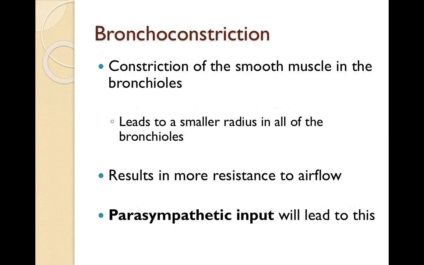Bronchoconstriction is the contraction of smooth muscle in the bronchioles, and it leads to a smaller radius in the bronchioles, and therefore there's an increased resistance to flow. And the major factor that will cause this is parasympathetic input. So if our parasympathetic nervous system is active, it will cause bronchoconstriction.